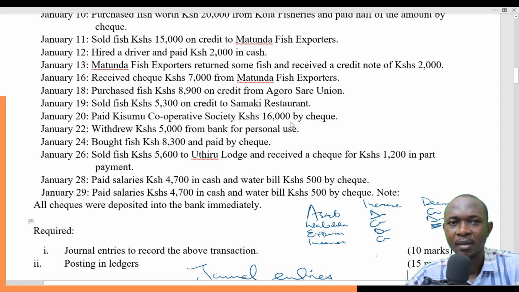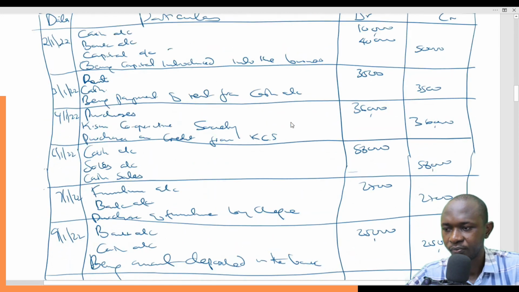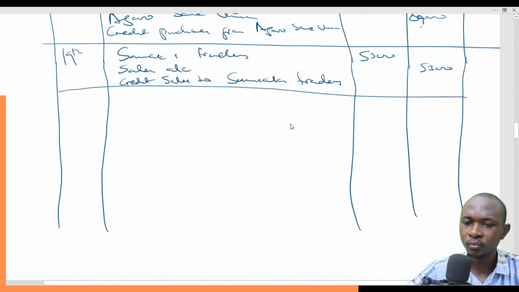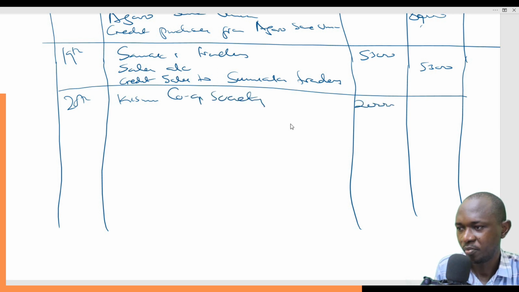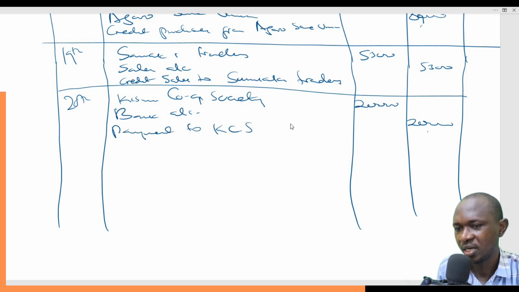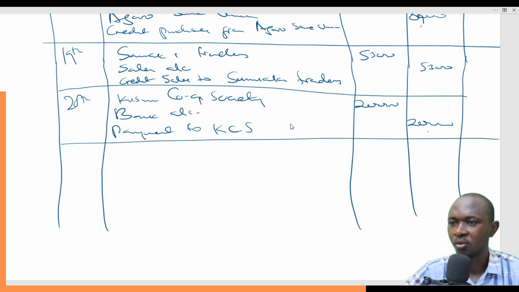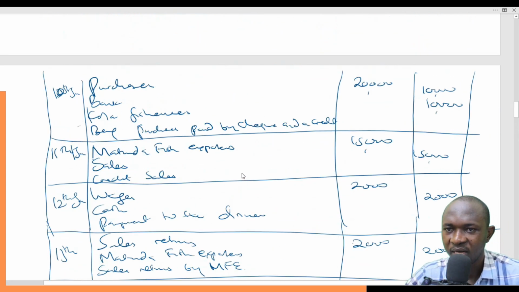So that was, let me assume 20th, Kisumu Cooperative Society, 20,000, we paid them, and then bank, 20,000, bank account, we reduce that amount, so we say payment to Kisumu Cooperative Society, like that. We close. Let me just confirm the date and the amount, and then we'll be good to go. The date is 20th, the amount is 16,000, not 20,000.